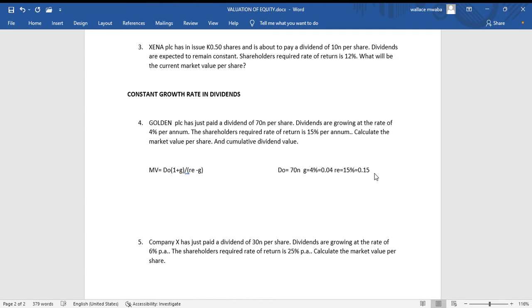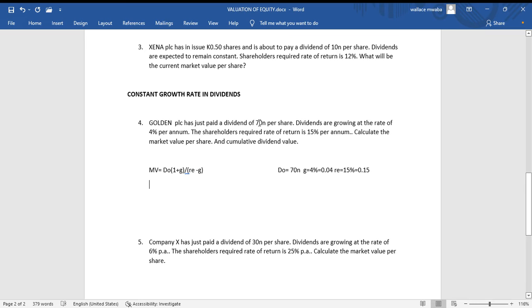So in question 4, what is it that we are going to calculate first? We're just calculating the market value. What do we need to look at which will tell us that we need to calculate the market value?